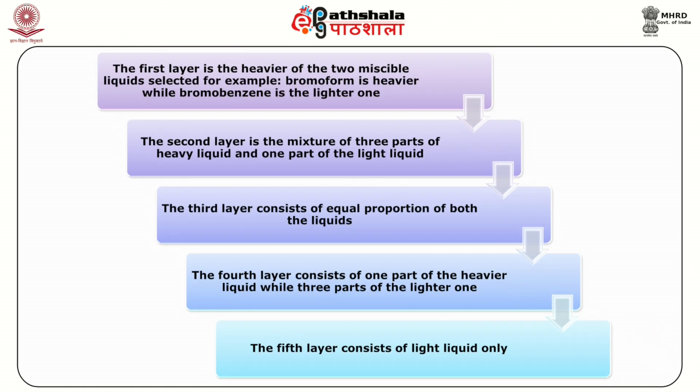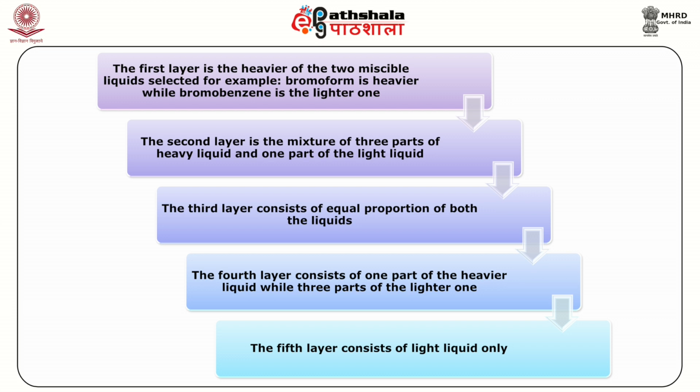The first layer is the heavier of the two miscible liquids selected. For example, bromoform is heavier while bromobenzene is the lighter one. The second layer is the mixture of 3 parts of heavy liquid and 1 part of the light liquid. The third layer consists of equal proportions of both the liquids.